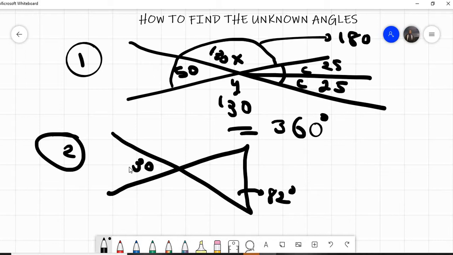We must find here, assume this is A, and this one is B, and this one is C and D. We must find all those.